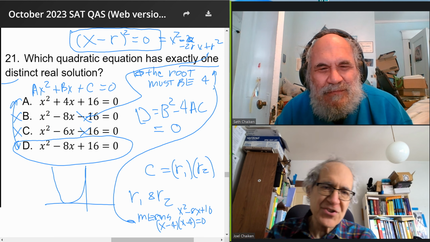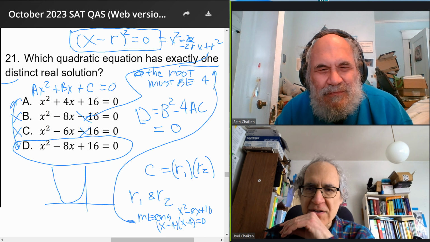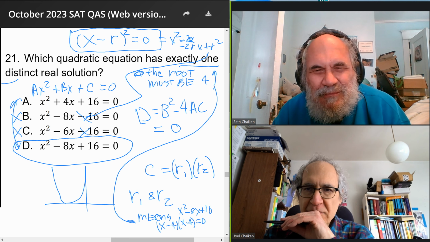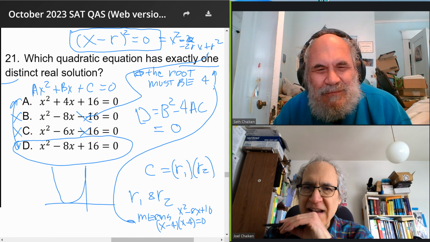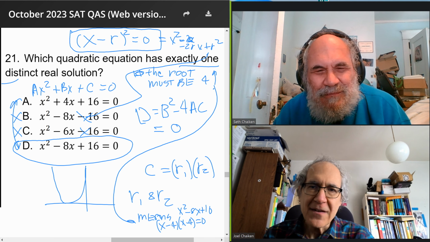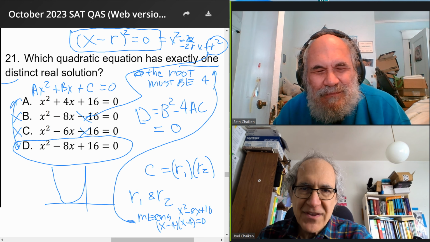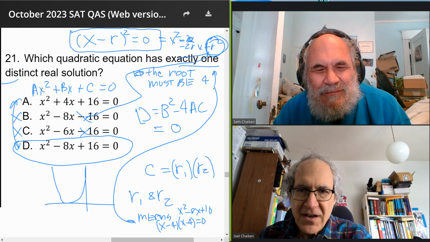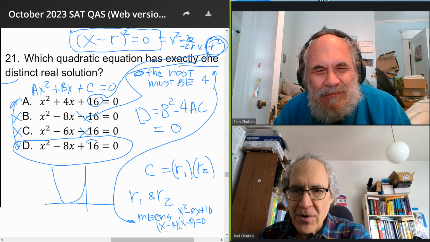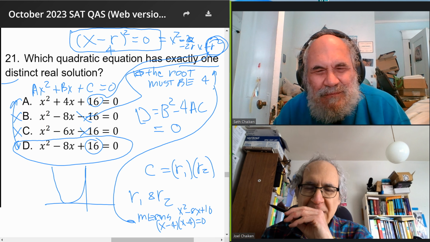If you want to switch to the discriminant, then you can check the discriminant on that. And then Seth noted that r must be 4. Once you note that, r has to be 4, so then you just put a 4 in here. But r could have also been negative.